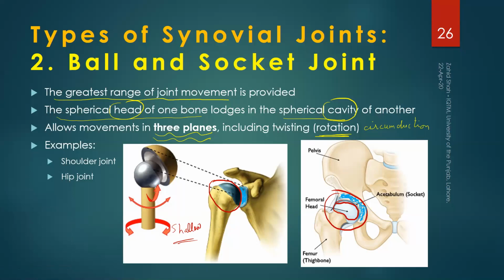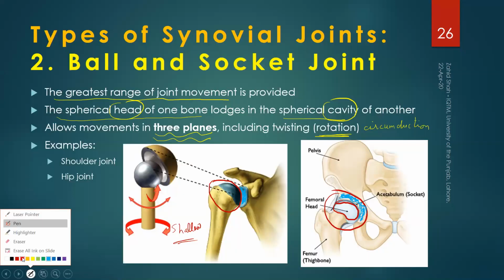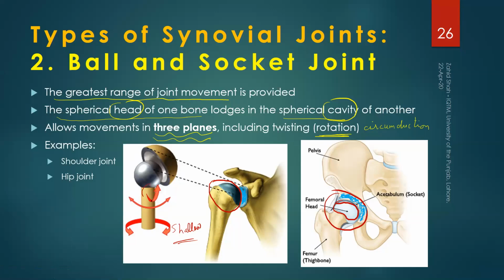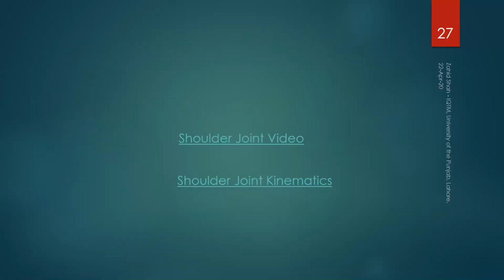And here you can see in this schematic that circumduction is possible in three different planes. So I will explain this point during the question answer session. So these are two examples of ball and socket joints.